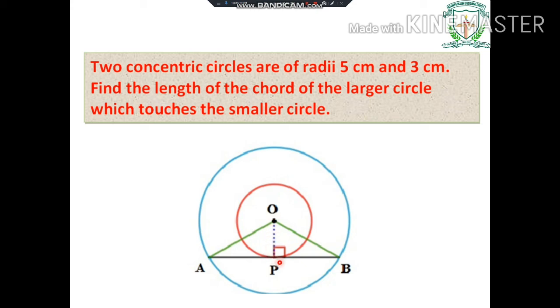Can you find using Pythagoras theorem PB? Yes, children. After finding PB, you can double it to find out AB. You can take any one triangle, either triangle APO or OPB, and find out AP or PB. Then you double it, you will get the length of the chord AB.